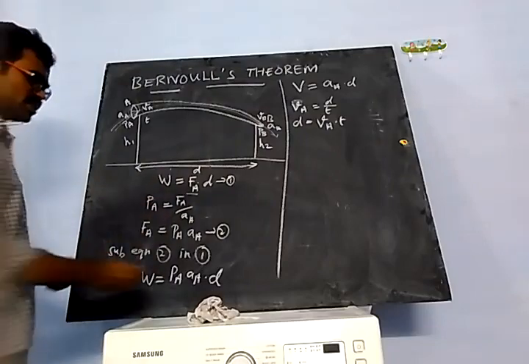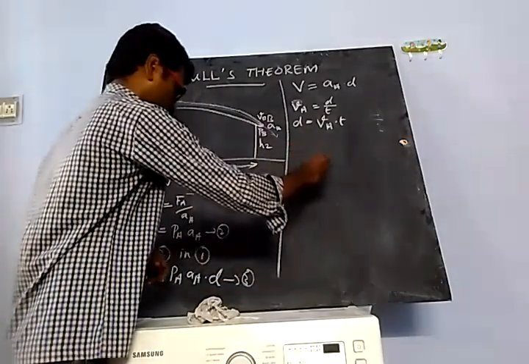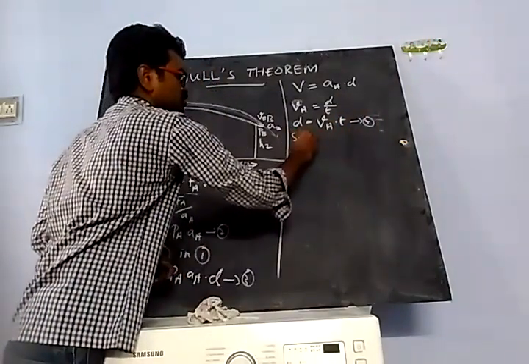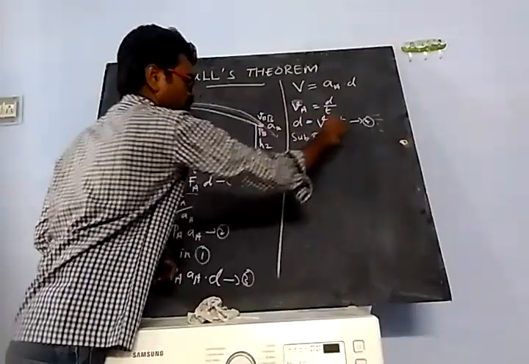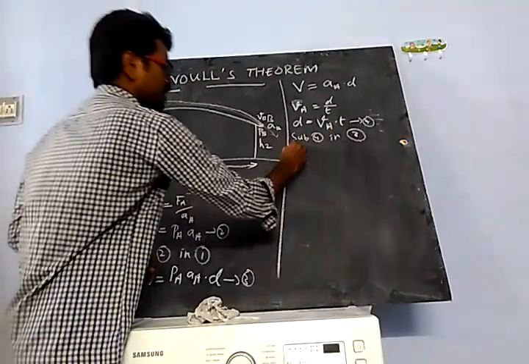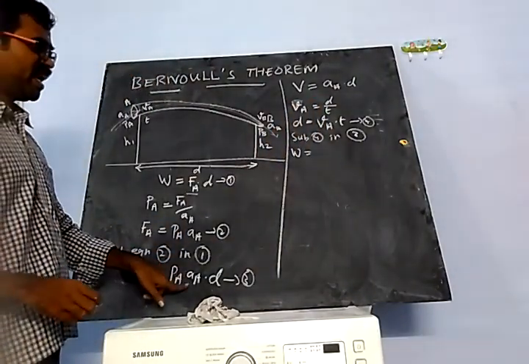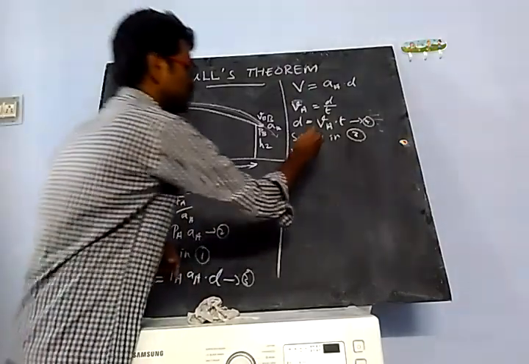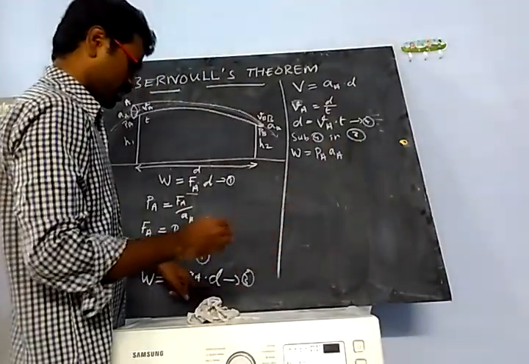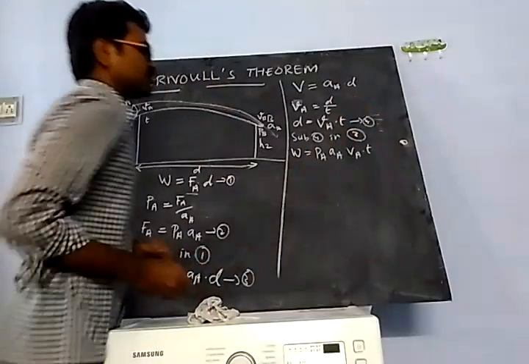Now you can substitute this, equation number 4, in 3. So W is equal to P_A, A_A and d. You can substitute for d: v_A into t.